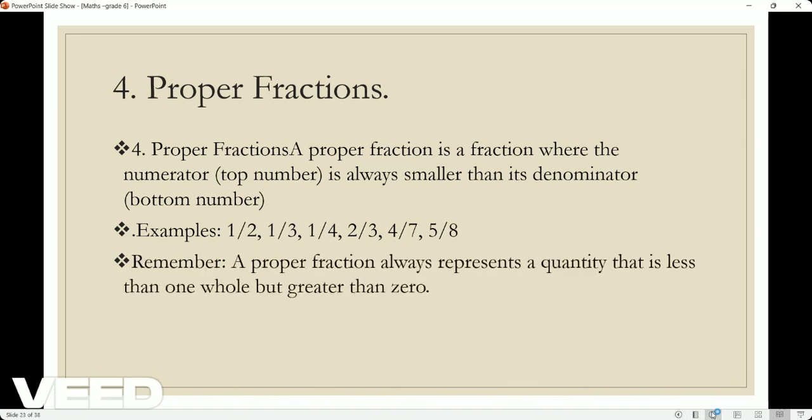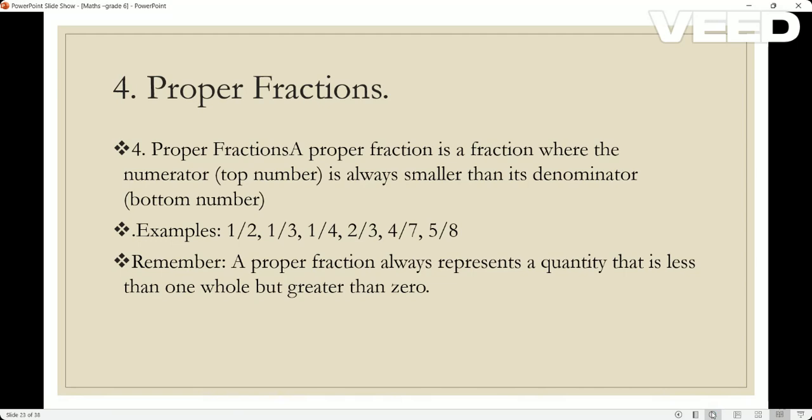Remember, a proper fraction always represents a quantity that is less than one whole but greater than zero. That means we can't write zero as a quantity in proper fractions. We are not writing zero over one or like that.